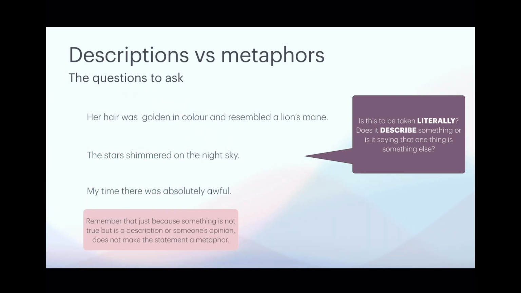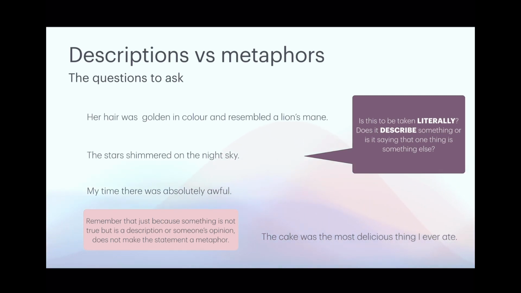Okay. So what you need to remember is that just because something is not true, but is a description or somebody's opinion, doesn't make the statement a metaphor. So if I say the cake was the most delicious thing I ever ate, that's my opinion. I'm not saying that the cake was heaven.